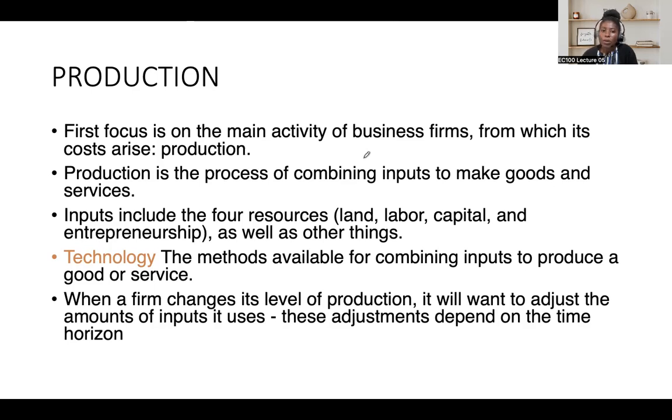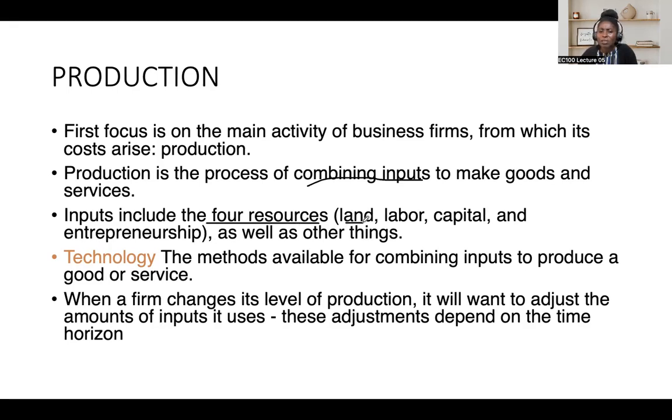So what are your inputs? Remember, we discussed inputs. Inputs are your resources. We discussed that there are four main resources: land, labor, capital, and entrepreneurship. But of course, you can have, as well as other things, inputs that you really don't know where to place.